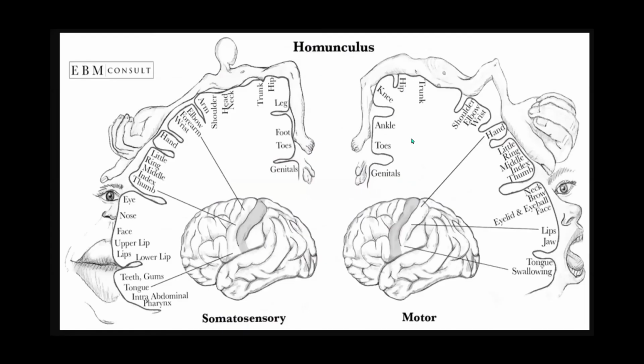And this is an image of what is called the homunculus. The homunculus is a diagrammatic representation of how different parts of the body are represented on the cerebral hemisphere. We can see the body is represented in an upside down fashion.